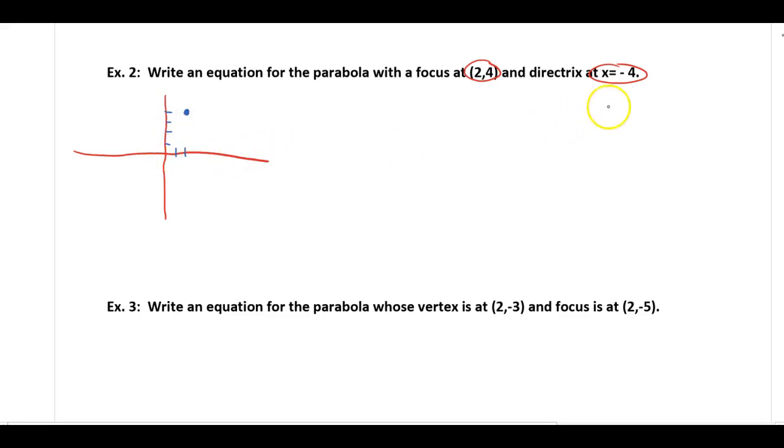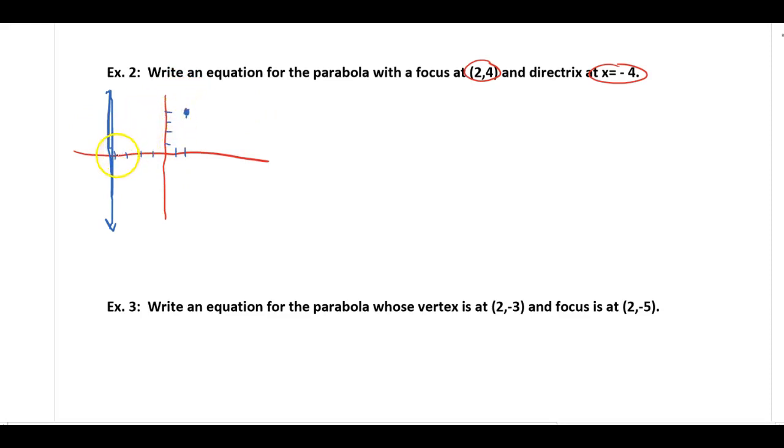My directrix is at the line x equals negative 4. So here's my directrix. It's a vertical line. So once I have my focus and directrix graphed, remember, the vertex is always directly in the middle.